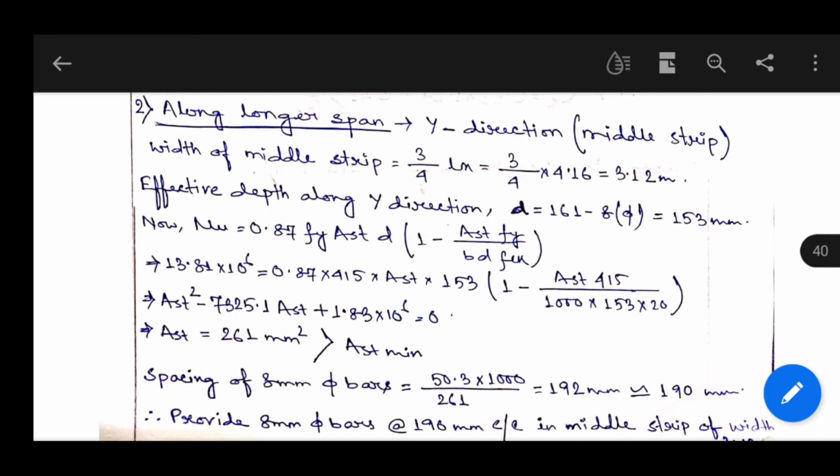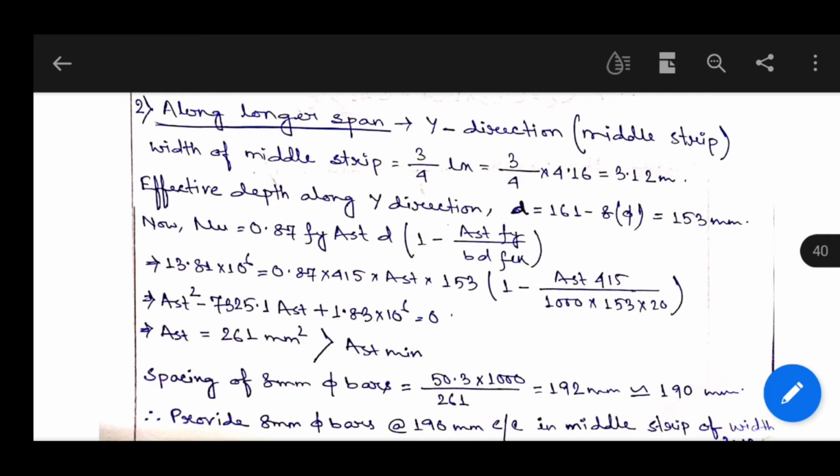Now for Mu, again the same formula, same approach from Annex G. Mu is equal to 0.87 Fy Ast into d into 1 minus Ast into Fy over b into d into fck, bracket closed. Here also only the area of steel Ast value is unknown, all other values are known.